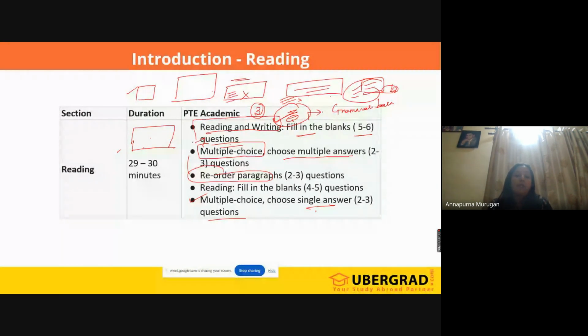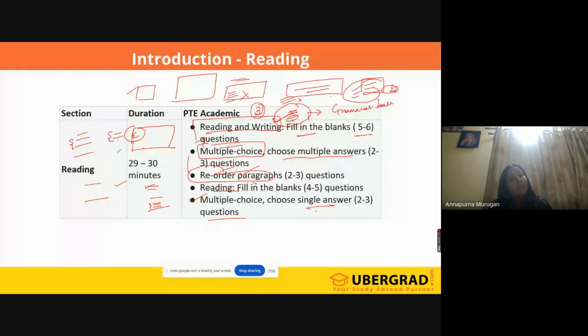Here, if all of your arrangement is not correct, but in between two consecutive ones are correct, you will get partial score there. That is the beauty of this test. You will not completely lose the marks. If your first and last option are correct, you will get partial scoring. If your first and second are correct, partial scoring. If your second, third and fourth are correct, you will get partial scoring there. That's the beauty of this particular thing.